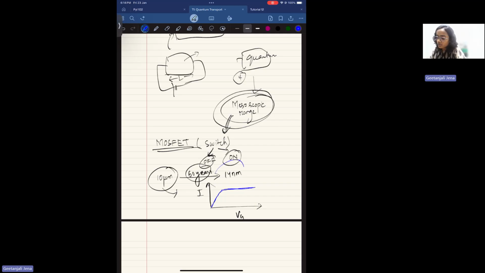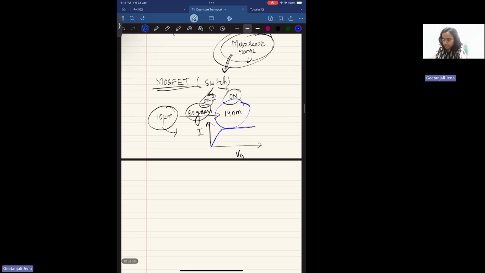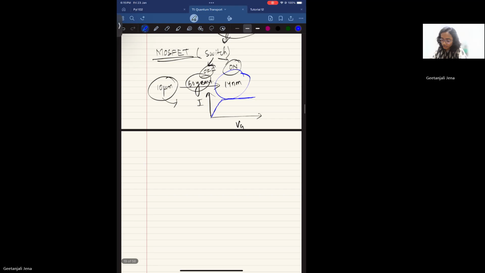Now, when we reduce the dimension, what will happen to this IV curve? When we reduce the barrier width, we are reducing the distance between the source and the drain.